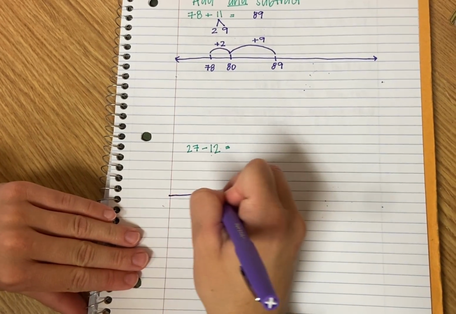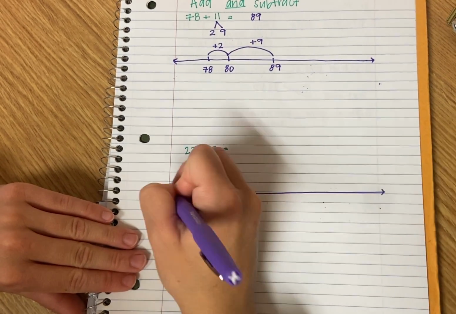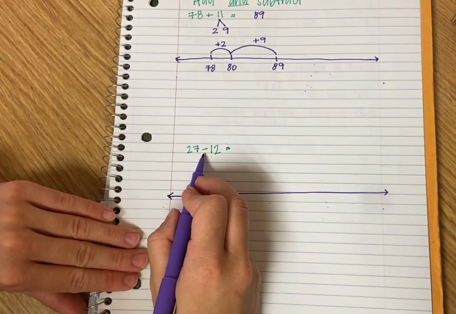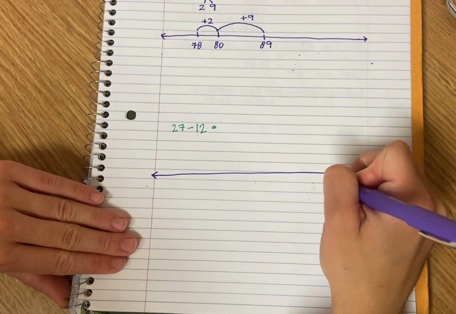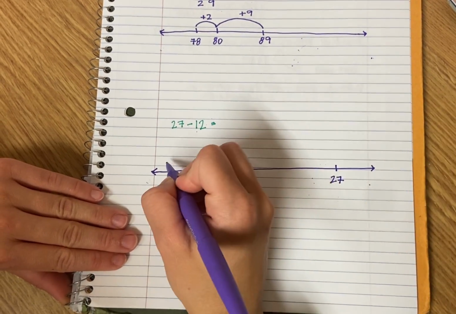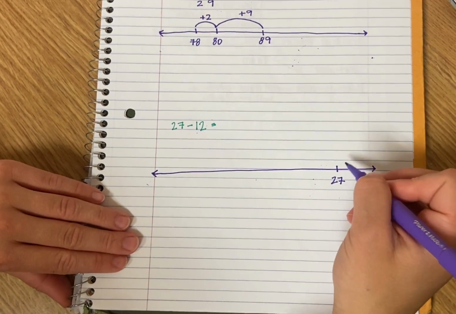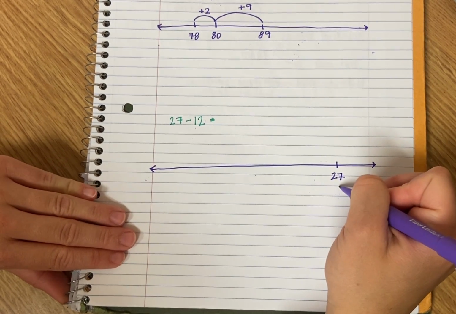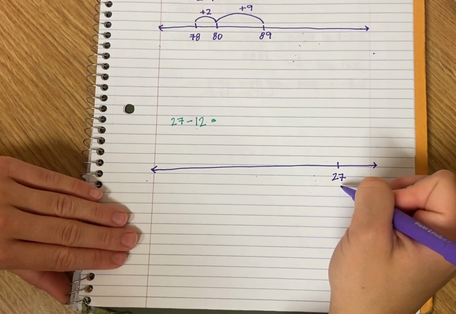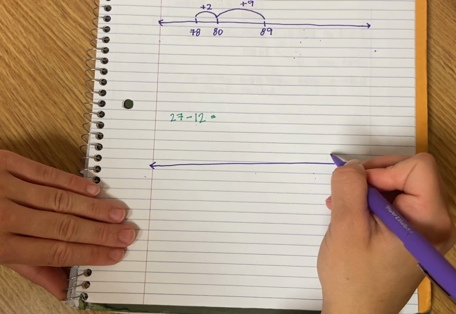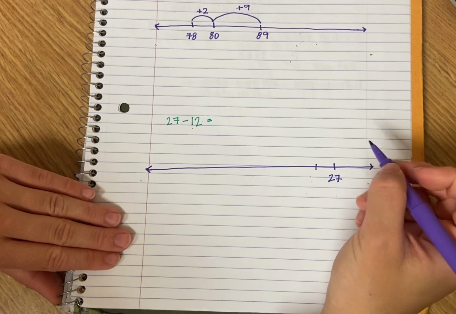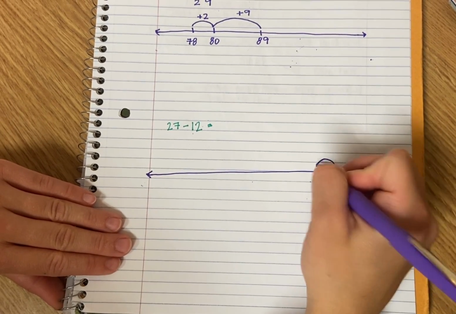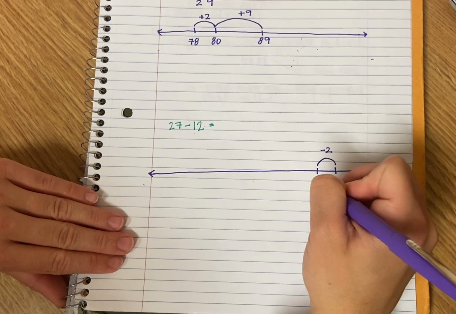One more. Now we have a subtraction sign. So we're going to put our 27 down here, since we know we're going to be going backwards. And I have my 27. And how about we just subtract 2 and we can get ourselves to 25? Because that's a good benchmark number too.